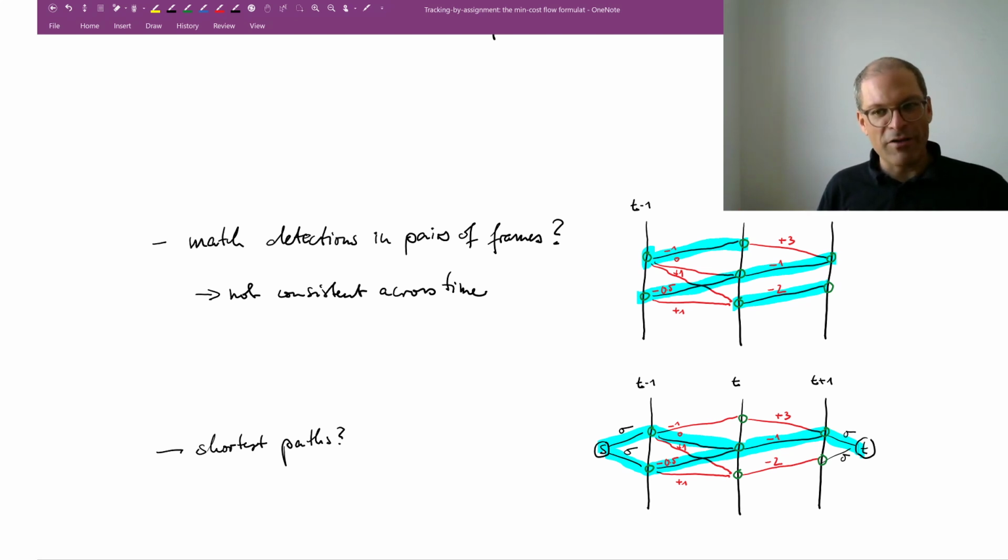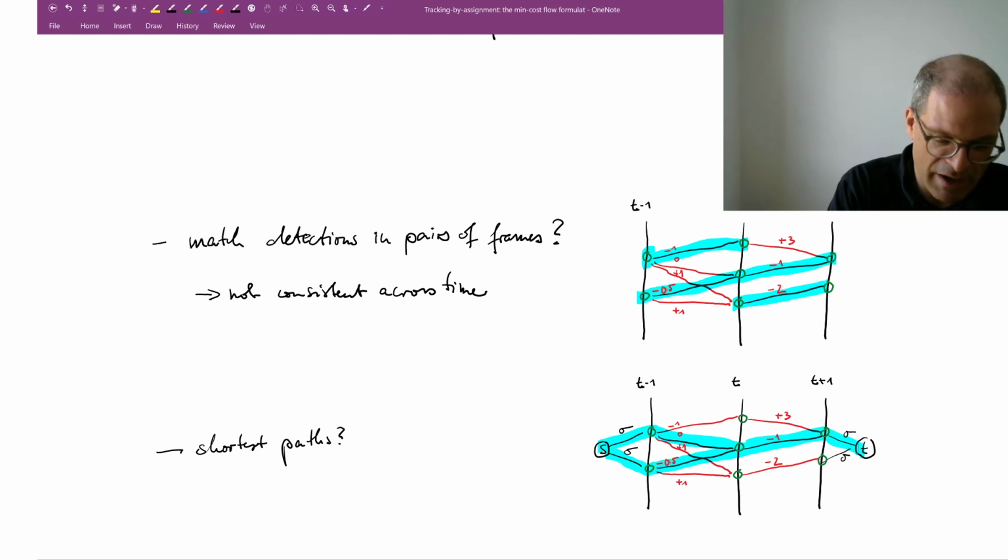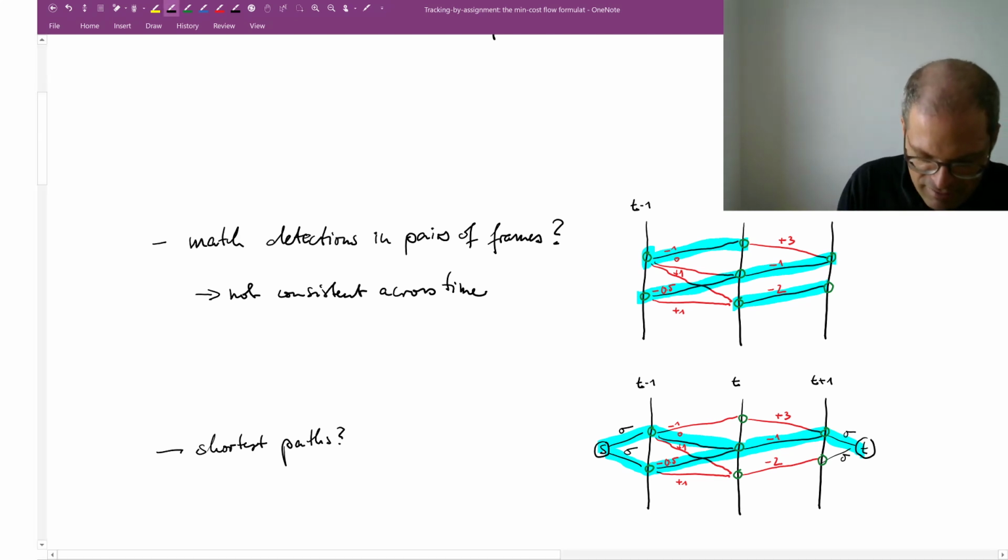Now, in biology, generally cells can divide, but they cannot merge. And here, moreover, I had said that I don't even want to allow for divisions, let alone for mergers. So I'm not happy with the shortest path solution either, because it can use a single edge more than once.